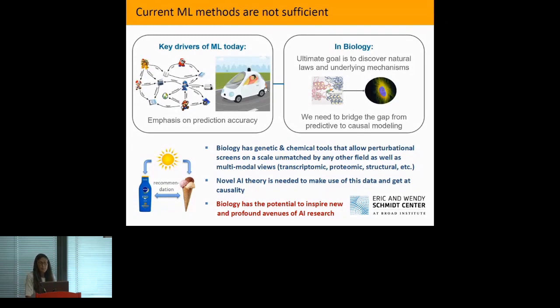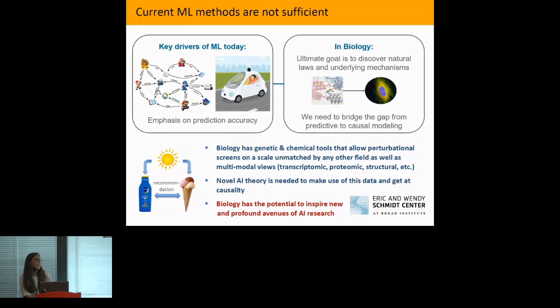Now, I think it is important to note that in biology, we often have a different end goal than in these particular applications that have motivated much of the foundations of machine learning until now. In biology, the ultimate goal is often to understand the underlying mechanisms, to get causality, to be able to predict the effect of an unseen intervention. That's a very different goal than in, say, recommender systems, where you really don't care.